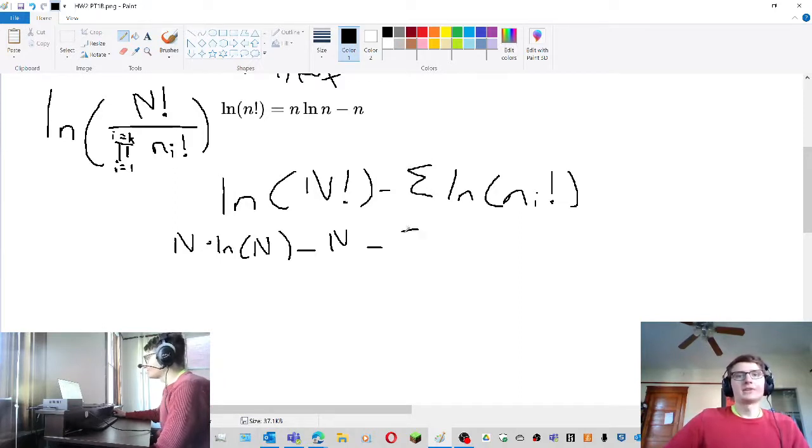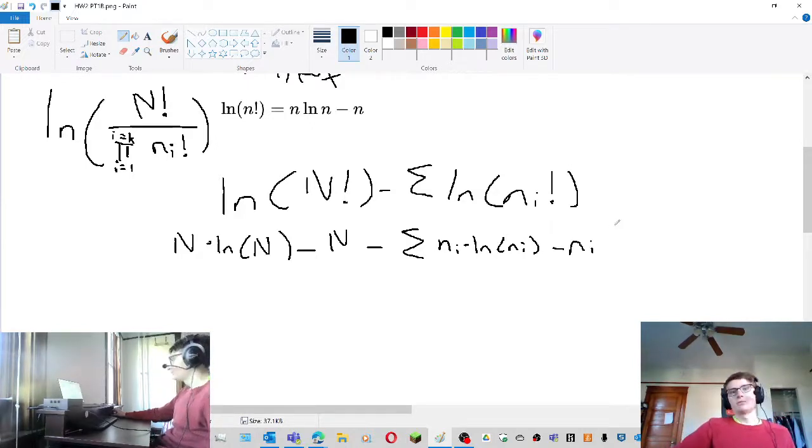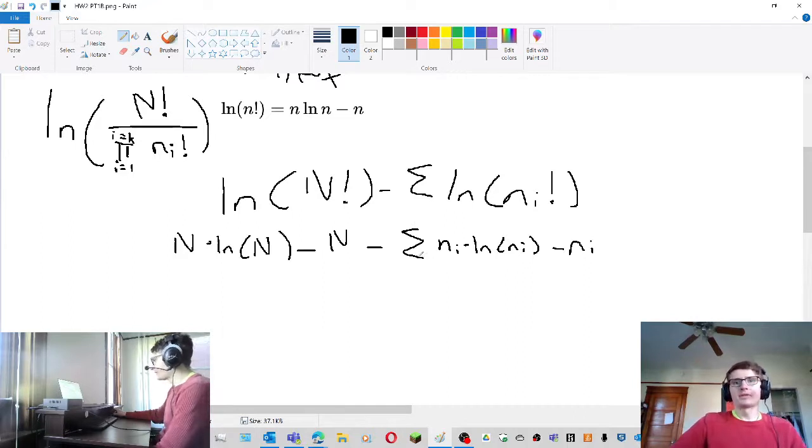So minus the summation of, well, let's see, we would have the number of students in each group times the natural log of the number of students in each group, minus the number of students in each group. Now think about it. We have this ni over here on its own, so we could take a summation of that out. But if you think about this for a second, the summation of all the students in all the groups is just equal to n.